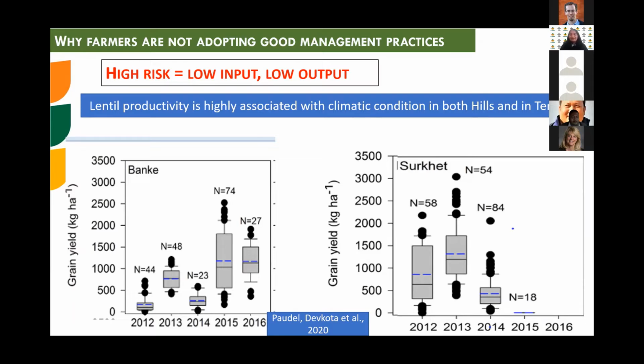You can see really good yield in Surkhet. And in 2016, it was a really dry year, and there was hardly any crop yield in the hills. So this is really a challenge for lentil farmers, and also a challenge for scientists.